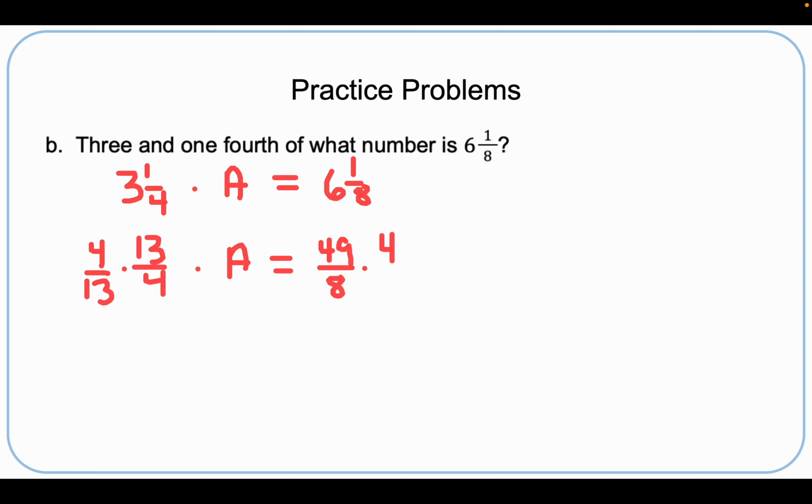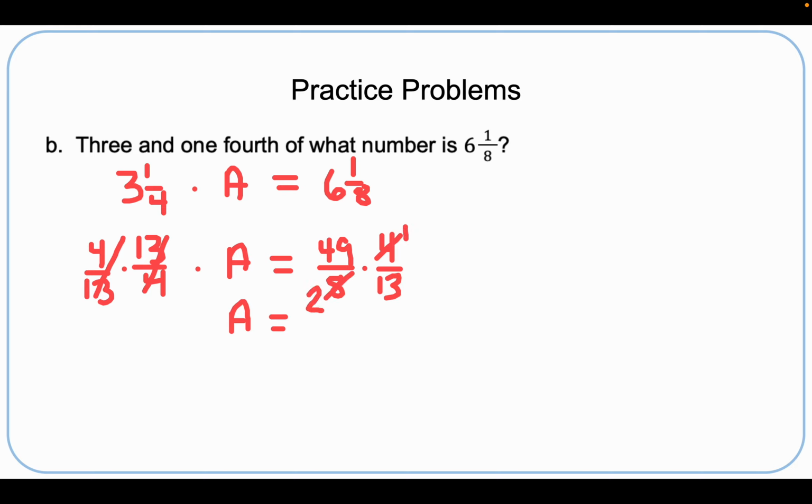Do the same thing to the other side of our equation. And then these will cancel out. We're left with A equals. And then 13 is prime, so we can't factor anything out there. 8 and 4 we can. We can factor out a 4, so that's a 1.